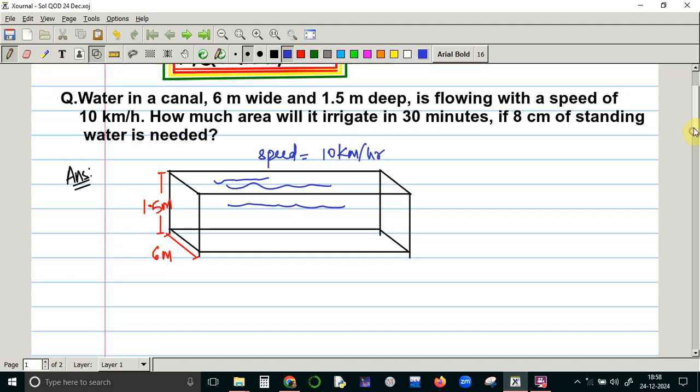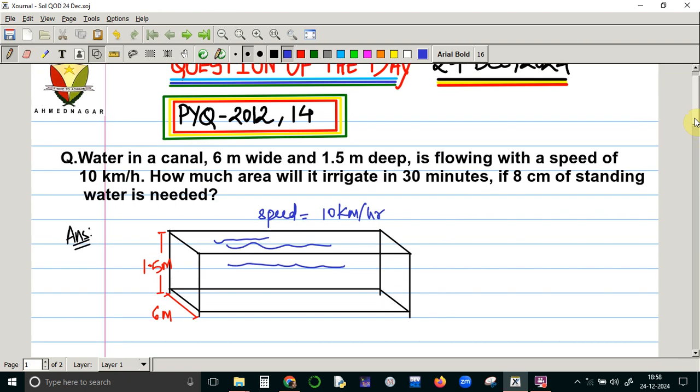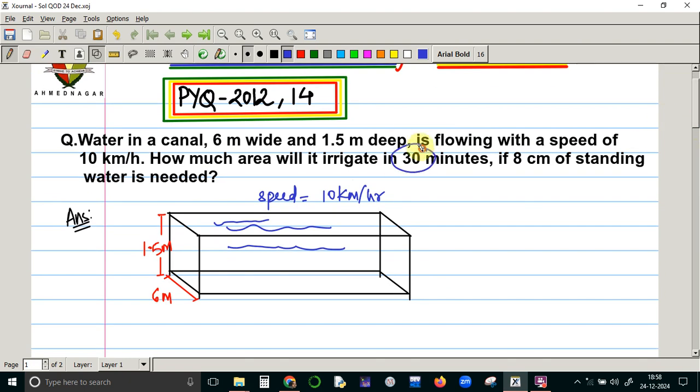So we have to consider how much water is flowing in this canal in 30 minutes. Suppose that the water entered at this point, a water particle or water molecule entered at this point, that travels till this point in 30 minutes.